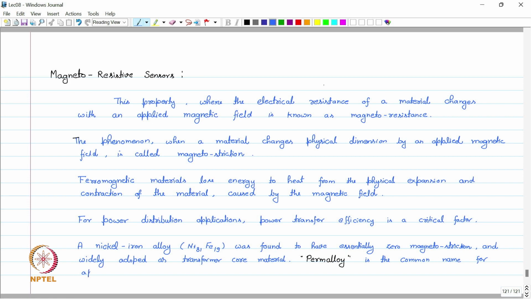For approximately 80-20 nickel iron alloy.